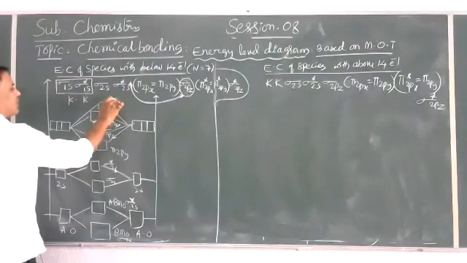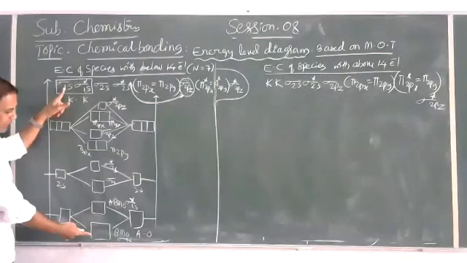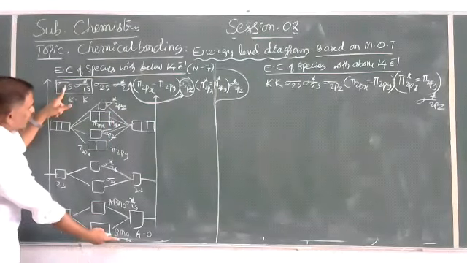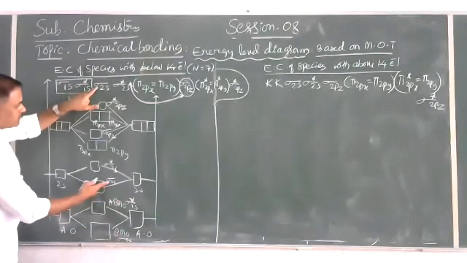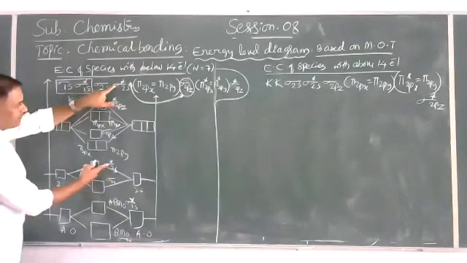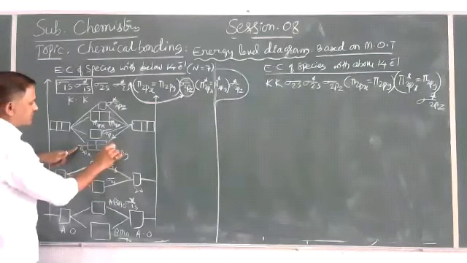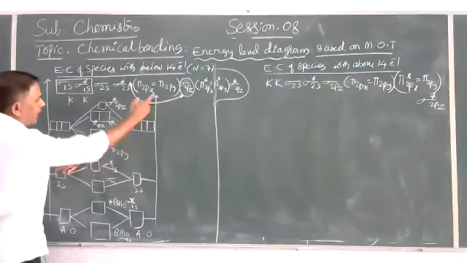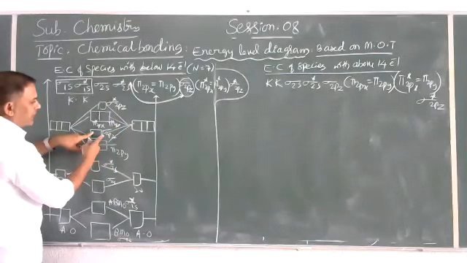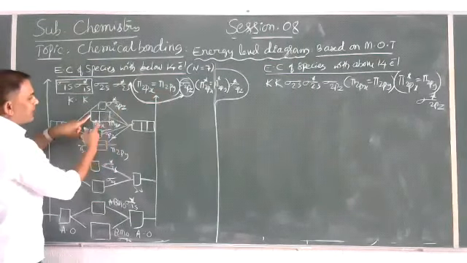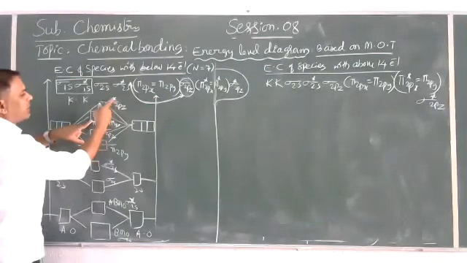This is the sigma star 2pz. Here, the electronic configuration in increasing order of energy levels is 1s, sigma star 1s, 2s, sigma star 2s, then pi 2px and pi 2py, both having equal energies. That's why they are in bracket. The next higher energy level is sigma 2pz, then pi star 2px, pi star 2py, then sigma star 2pz.